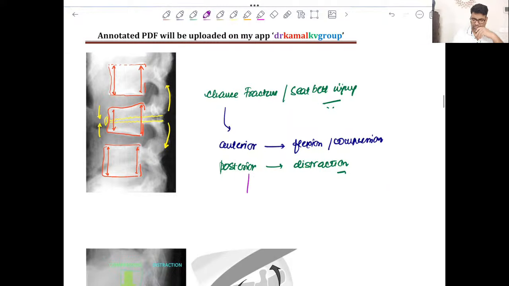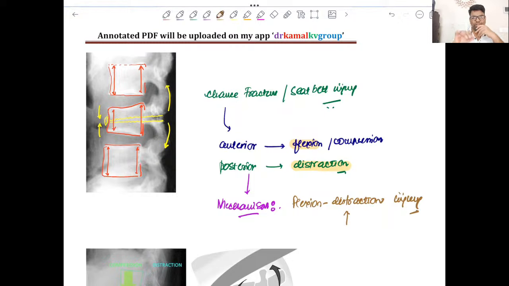So if someone asks you about the mechanism of injury, the mechanism of injury becomes flexion, distraction. So that is the answer if someone asks you about the mechanism of injury for this particular kind of fracture.